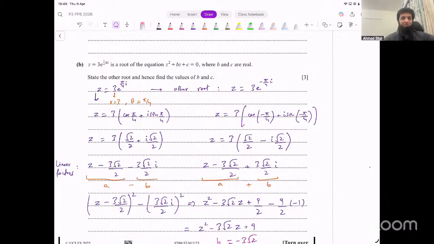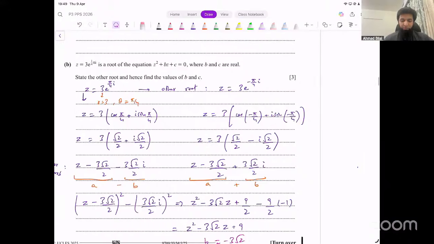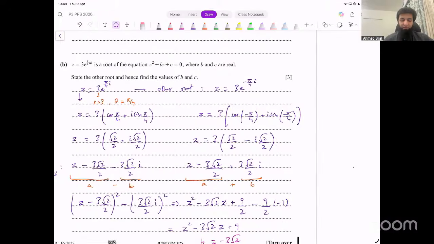How many of you know the sum of roots and product of roots formulas?